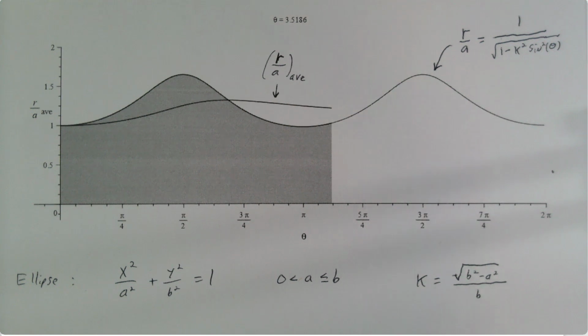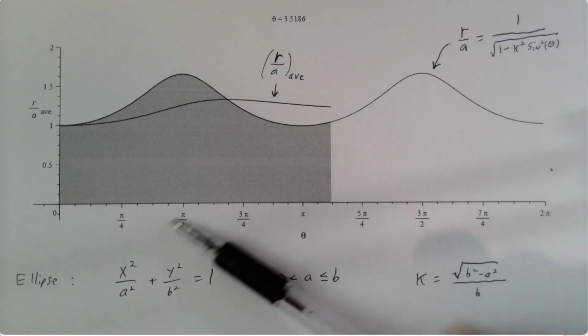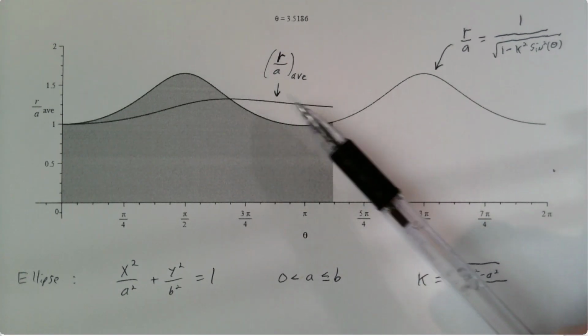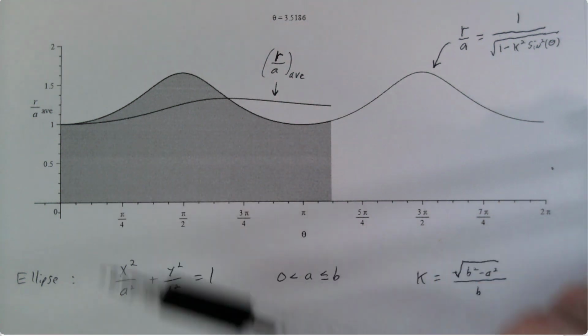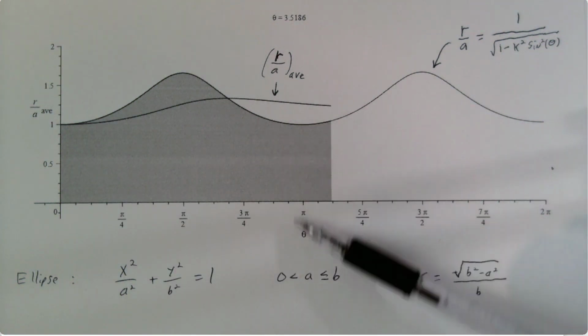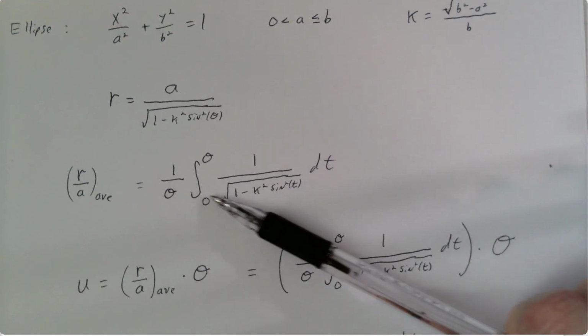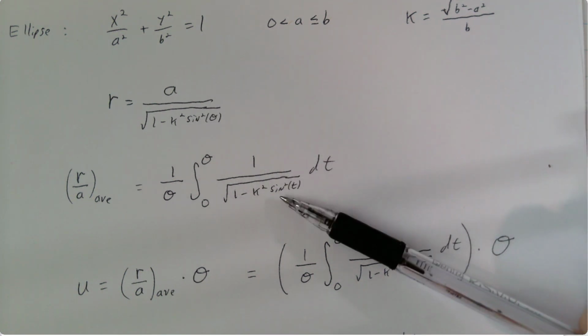So I'll look at some graphs shortly, but here's one here. If you've got your integrand, the average value, r over a, measured in units of the minor axis. Then of course, since I've defined it, here's r, so r over a is just this.